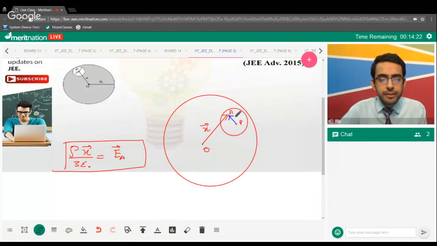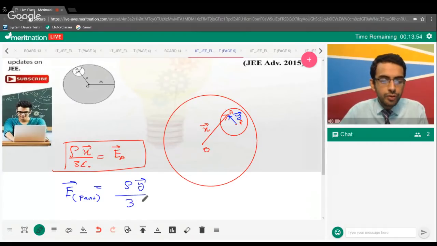Let the position vector be y vector. So E due to the small part of the solid sphere is equal to rho multiplied by y vector divided by 3 epsilon naught.